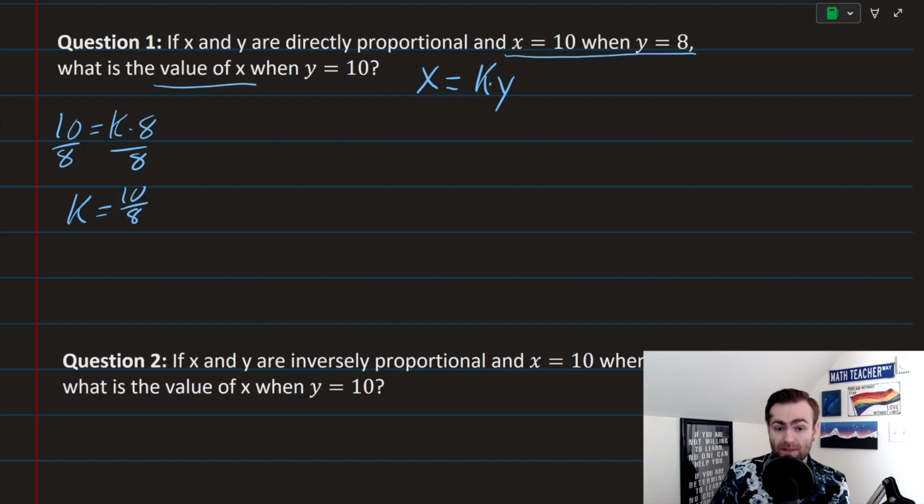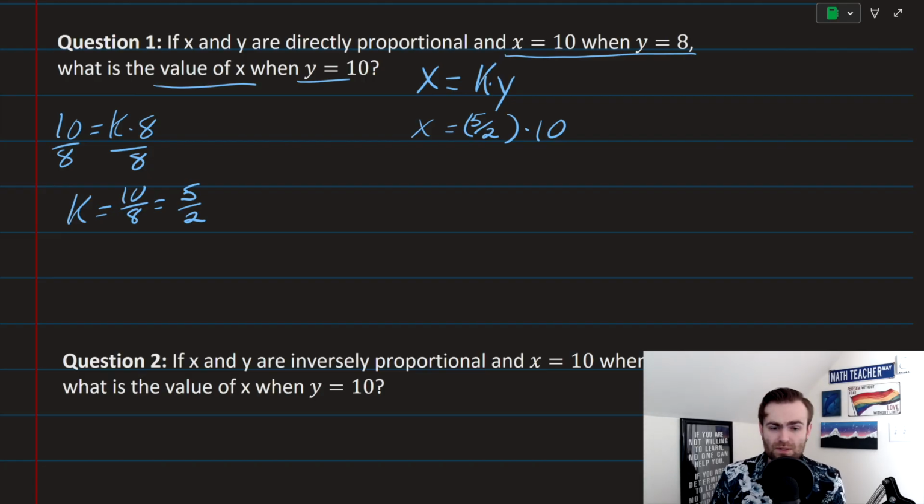Both of those are even, so we can reduce it by a factor of 2 to get us 5/2. So over here, we can replace the k with 5/2. And the y, we already know we want that to be 10 in this instance. So we're going to replace the y with a 10. So we have x is equal to 5/2 times 10.